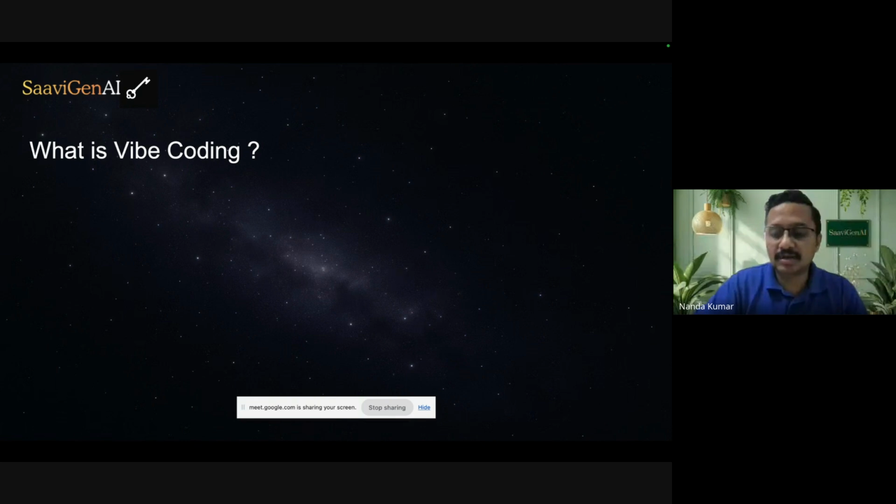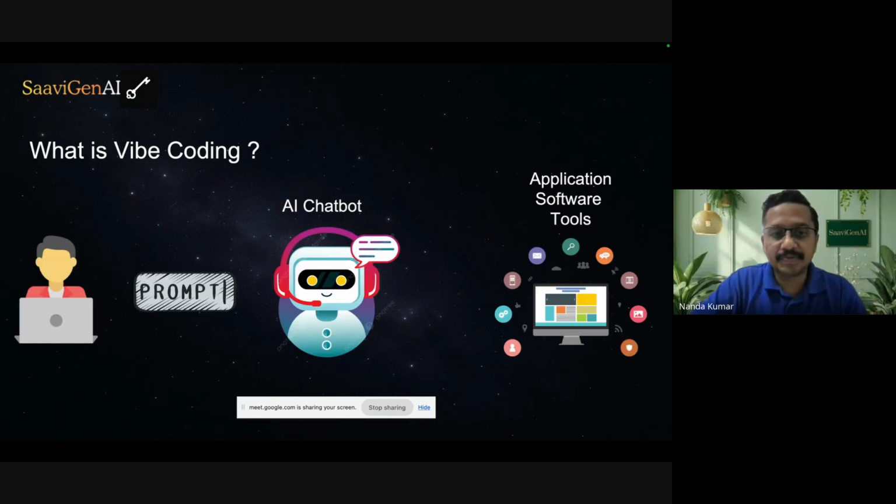That is what vibe coding is all about: a person who does not have the technical skills, but just gives a simple prompt, like a manager giving his requirement to an engineer who has all the capability to build it. In the same way, when a person sends a prompt to an AI chatbot and the chatbot is able to build the application, that is called vibe coding.